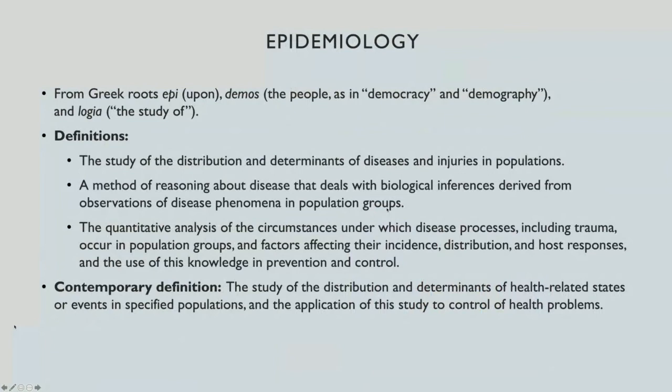And from these studies is when we obtain what we call epidemiology, which is simply the study of diseases in populations. What determines the diseases? Diseases don't distribute randomly in the population. Diseases appear in people for some reason. Epidemiology comes from these Greek roots: epi, upon or above, demos, which means people, as in the word democracy or demography, and logia, study.